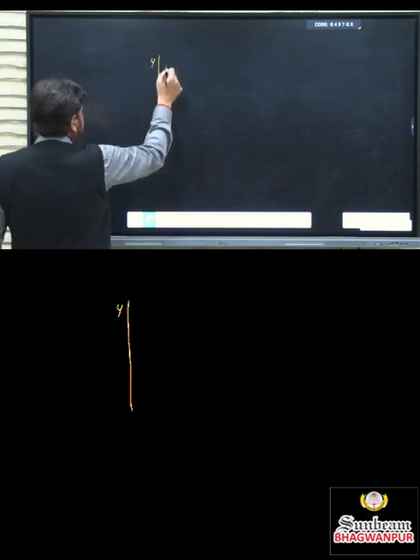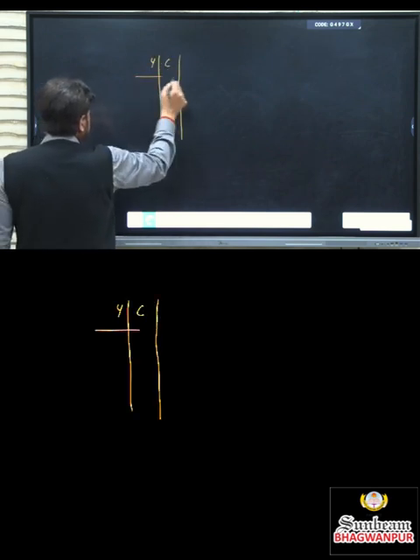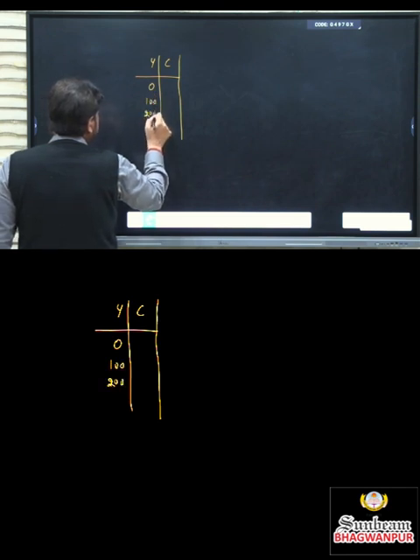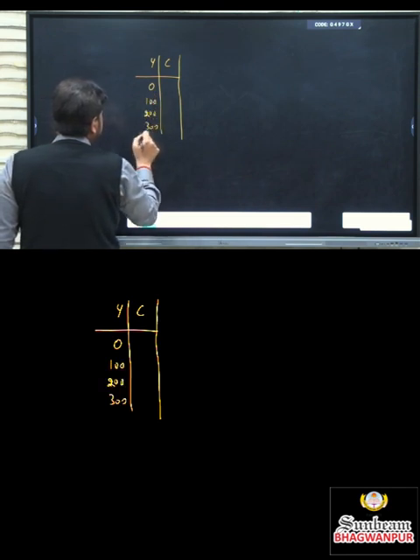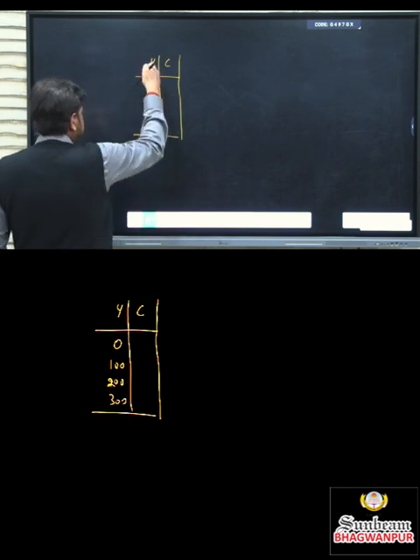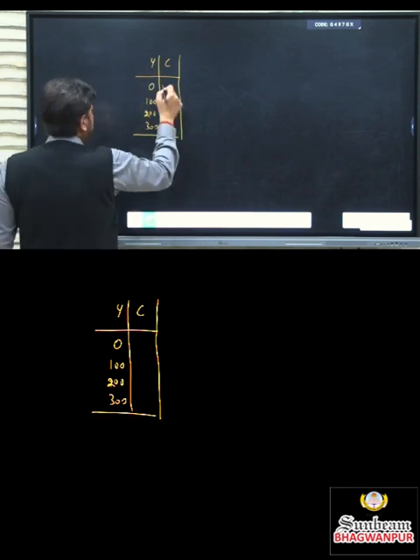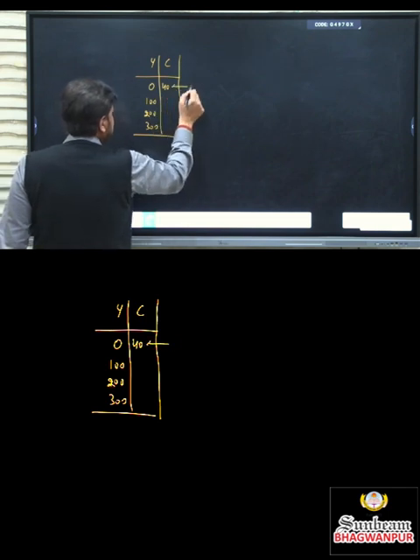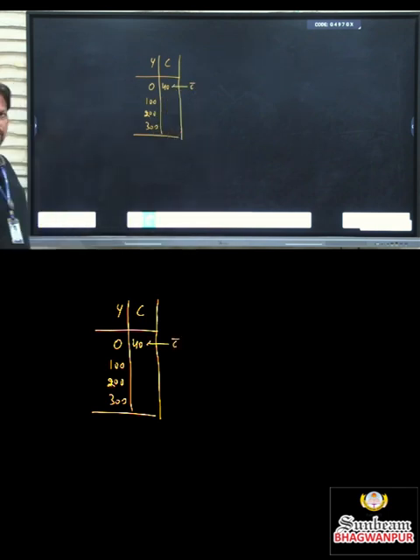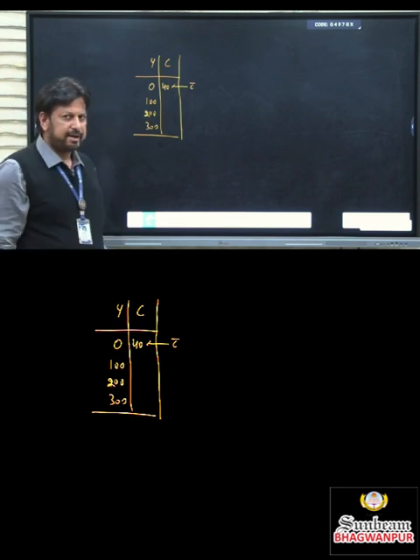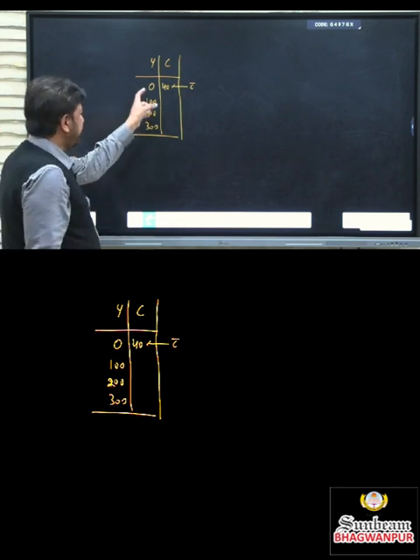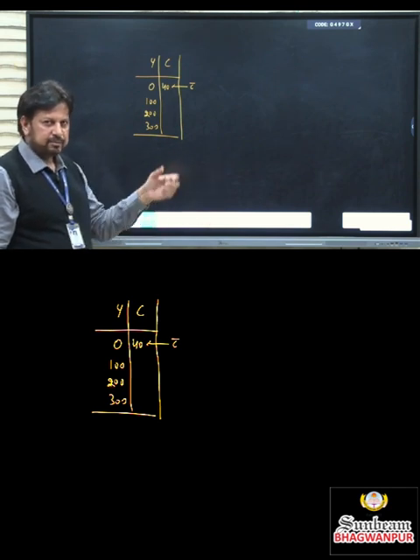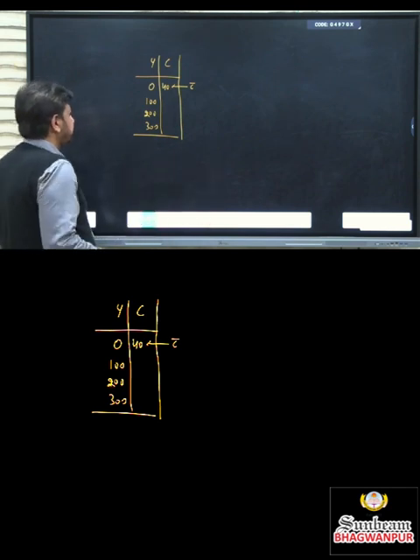This is income, and this is consumption. If I assume consumption at different levels of income, let us suppose that when the income is zero, consumption is 40. Now what is this consumption? This is C bar, autonomous consumption, showing that consumption can never be zero at zero level of income.